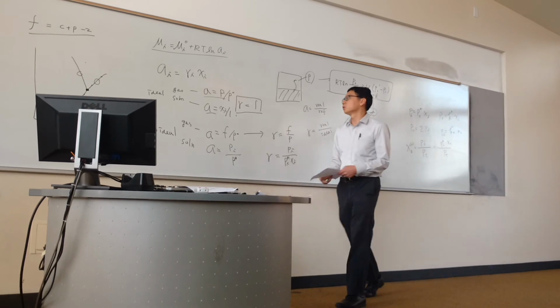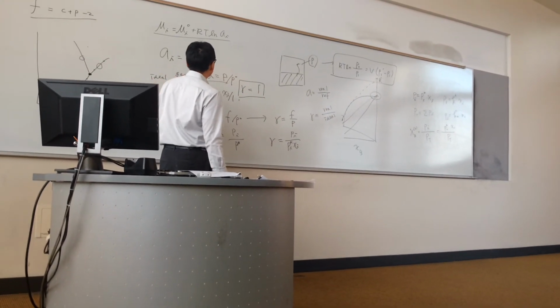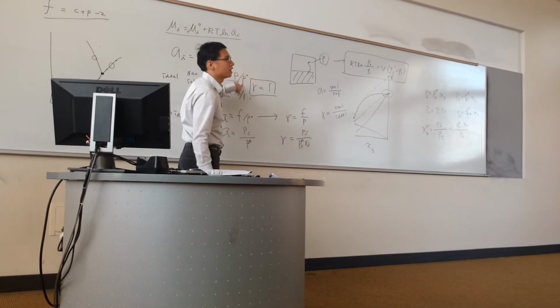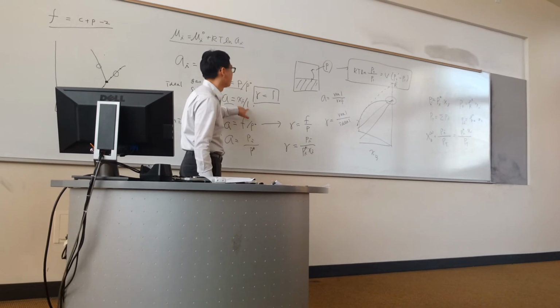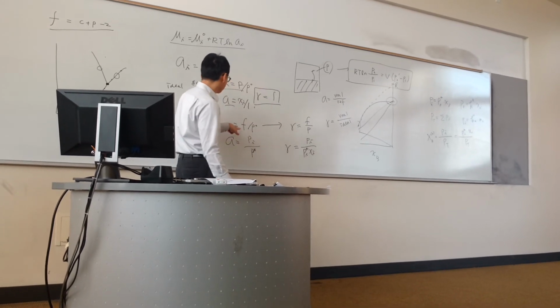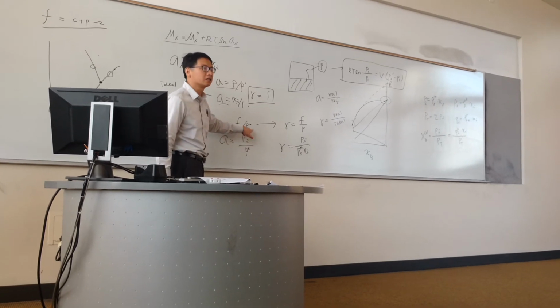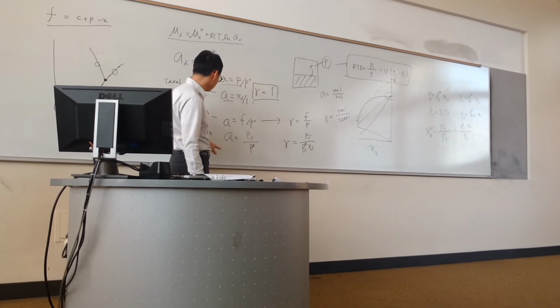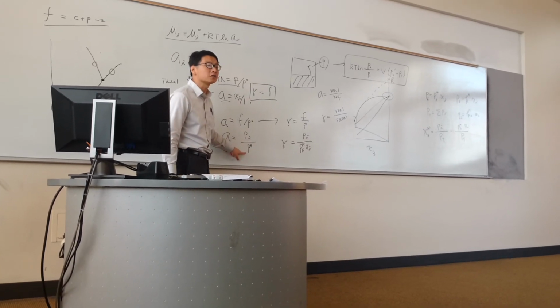Use this as an example. For the ideal gas, a is equal to P over P naught. P naught is your reference state. x_i over 1 is your reference state. For the non-ideal gas, f over P naught is your reference state. For your solution, it's P_i over P star. P star is your reference state.